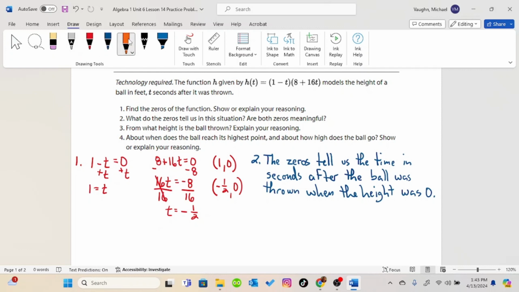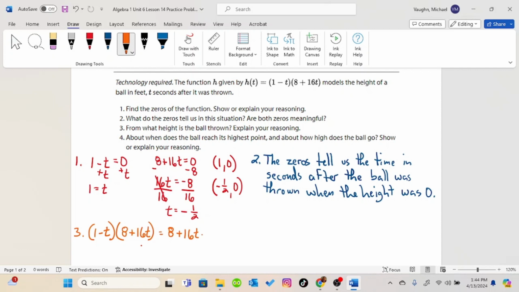Number 3. From what height is the ball thrown? I'm going to use FOIL and turn the factored form into standard form. 1 times 8 is 8. 1 times 16t is 16t.